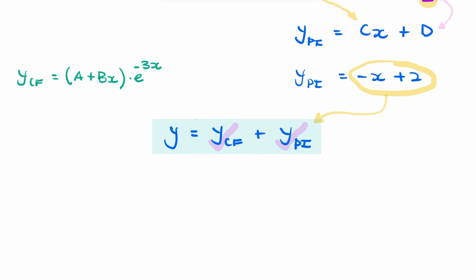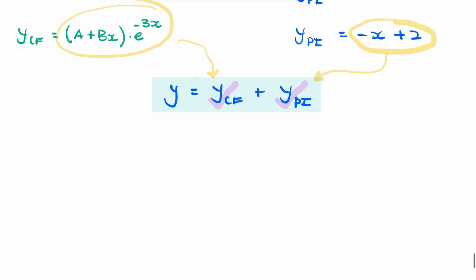And this goes into there. So my final solution, my final answer, will look something like this: y equals (unknown constants a plus bx) times e to the minus 3x, minus x plus 2.